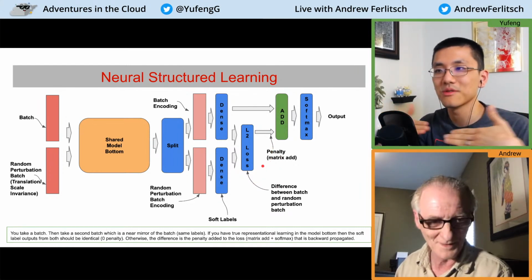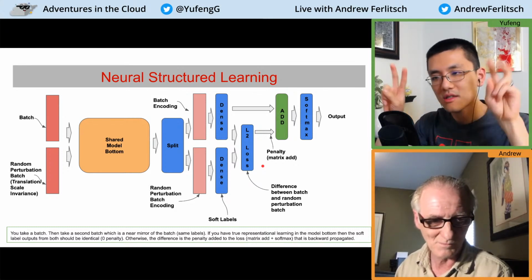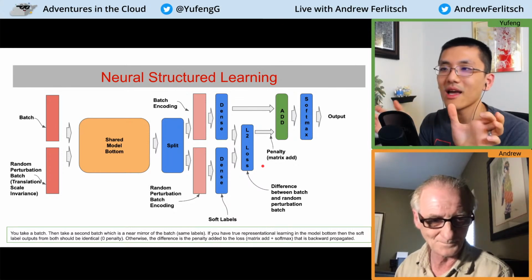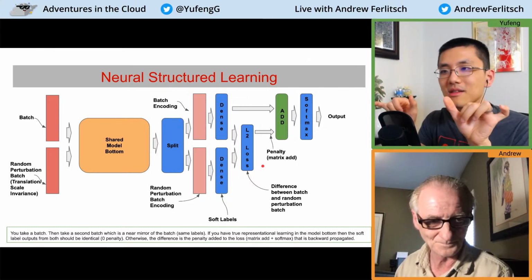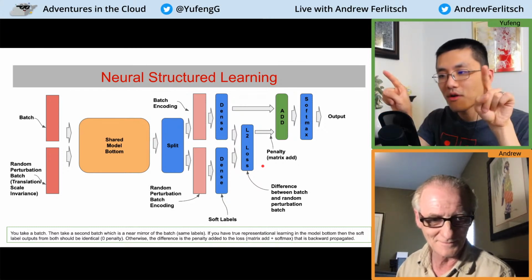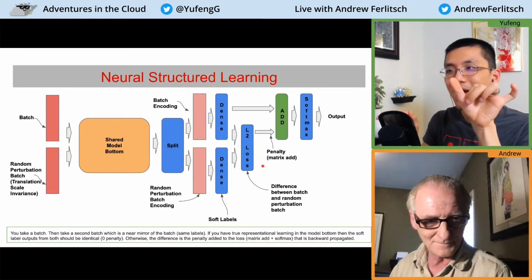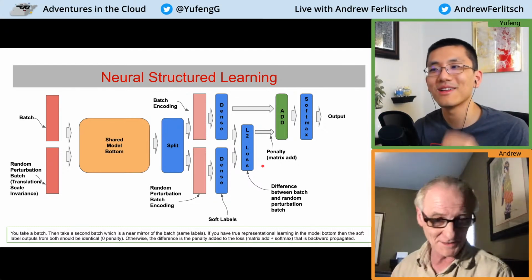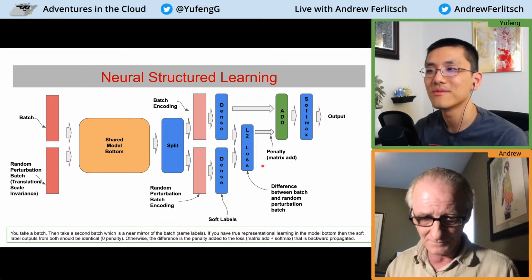Whereas traditionally, you can say, oh, I've augmented my data set, but then it's just a random draw, and you don't have this direct comparison of saying, not only do I want the overall accuracy to be good, but I specifically want the difference between this half and this half to be small. And it's like a subtle difference, but it really gets to the heart of the matter in a way.